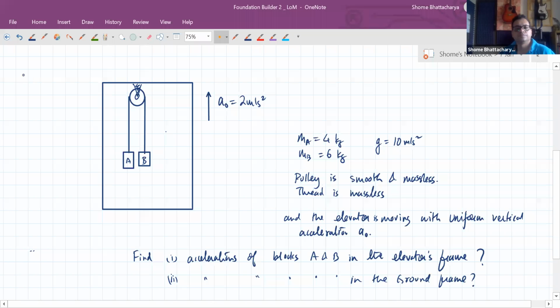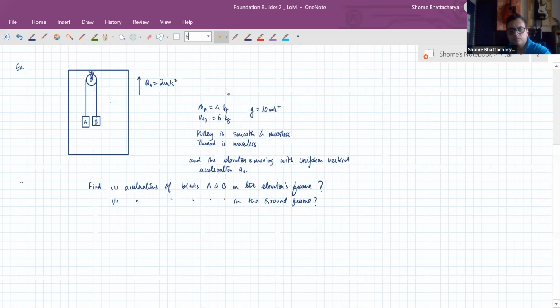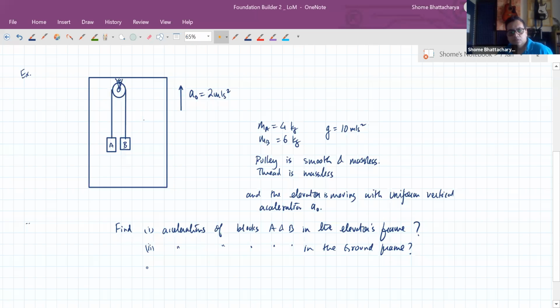And finally, one more thing you want to find out is the reaction force at the hinge of the pulley.